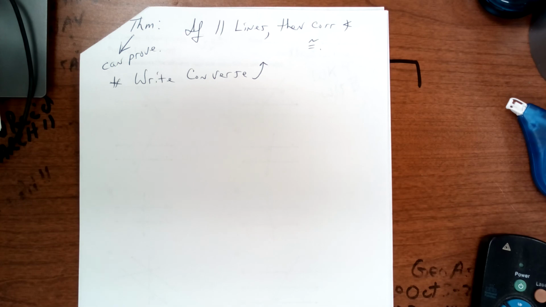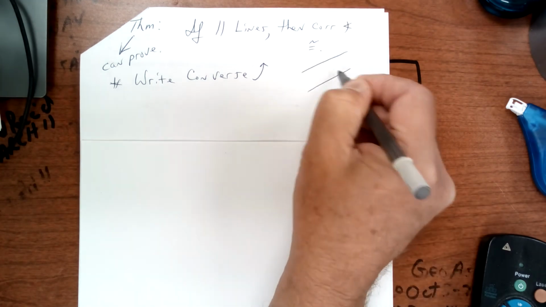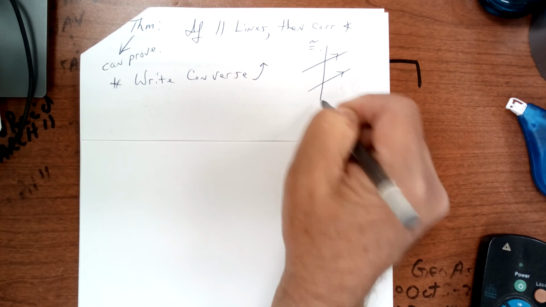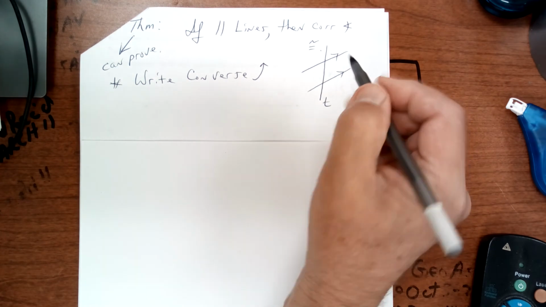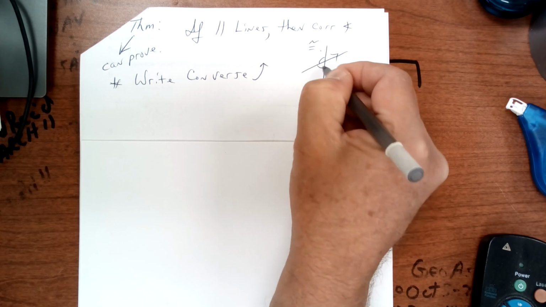It's accepted without proof. Well, let's read this one. This one says, if parallel lines, then corresponding angles are congruent. That's true. Okay, so if you have this line and that line's parallel, and you have a transversal, then corresponding are equal. So the top here would be equal to that, and the bottom would be equal to the bottom.